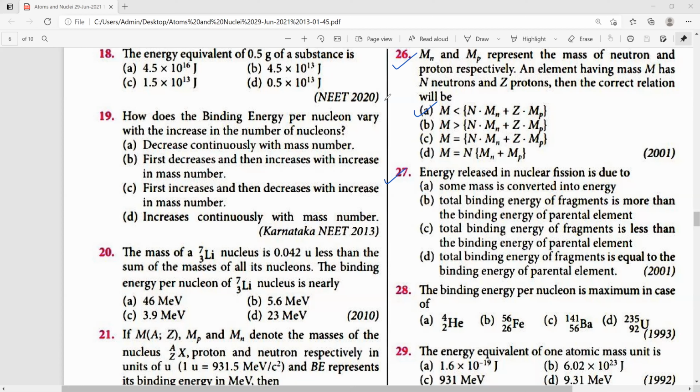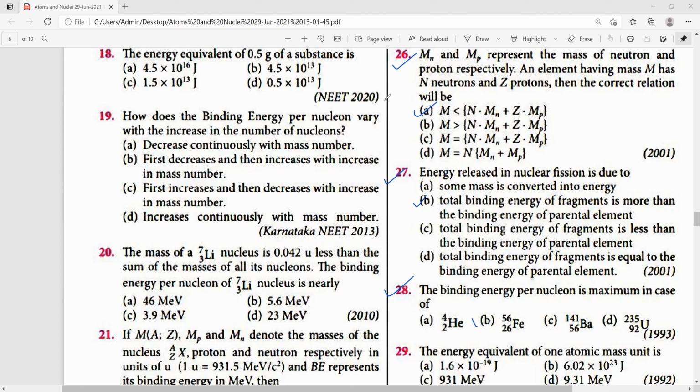The binding energy per nucleon is maximum in case of... So for the binding energy curve, the curve reaches its peak for Fe. Therefore, for 28th one, B is the right answer. Next, 29.